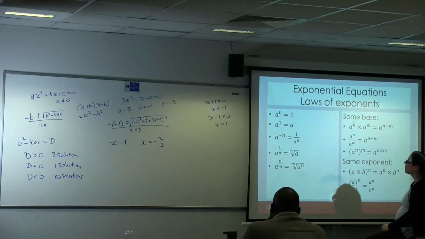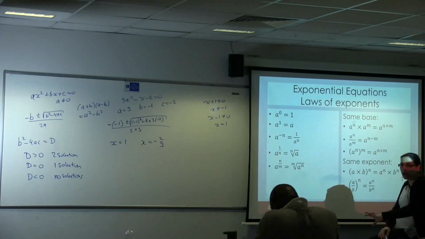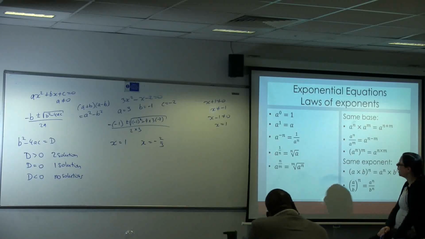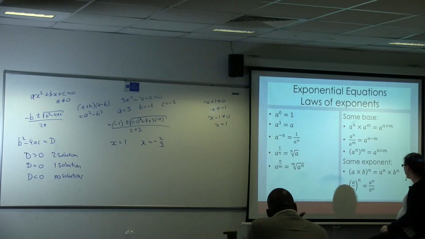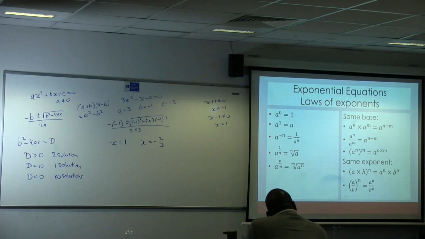Okay, now exponential equations. Now, I'm only going to show you some very, very simple exponential equations. But whenever you have to work with exponentials, you have to remember the laws of exponents or indices, depending on what you call them. Because we call them exponents, indices, and powers. Those three words mean exactly the same. There is something in a power, in the exponent.